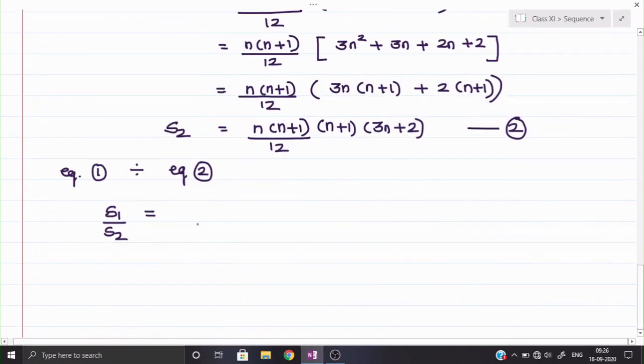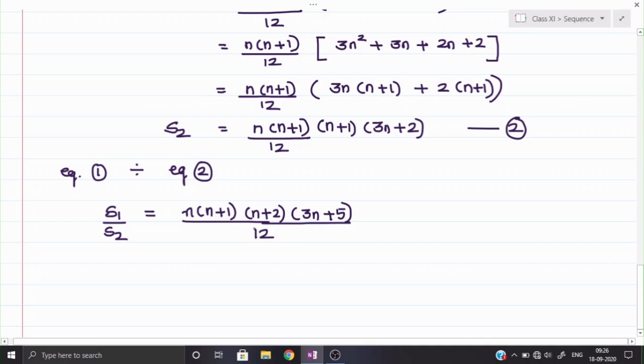So this will be n into n plus 1 into n plus 2 into 3n plus 5, whole divided by 12.